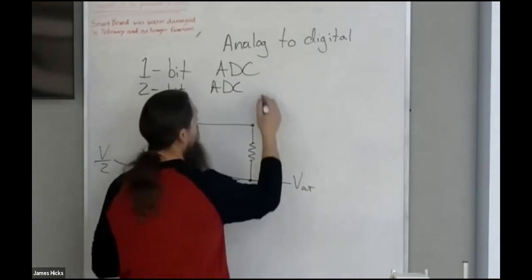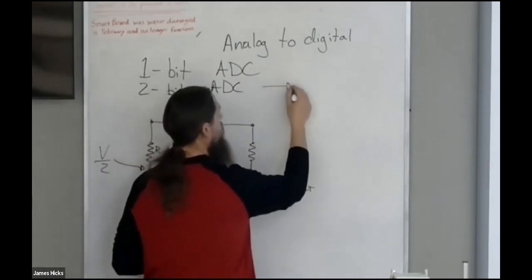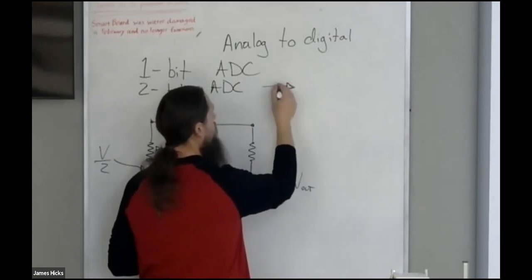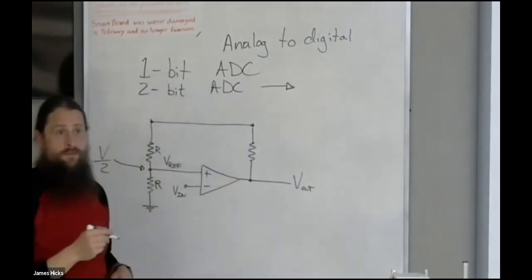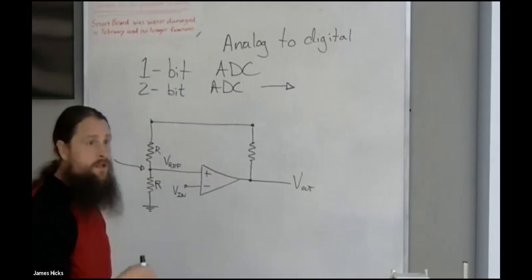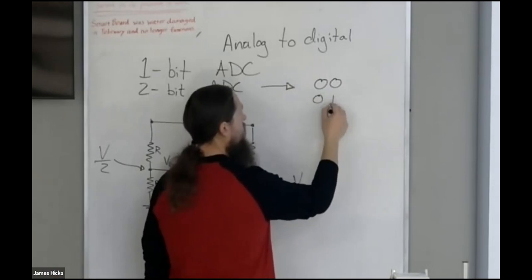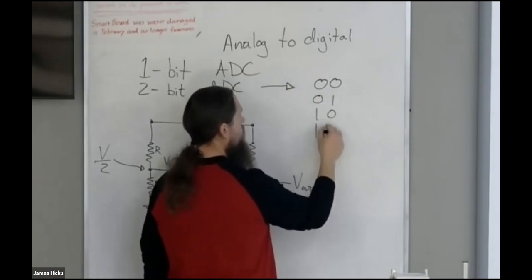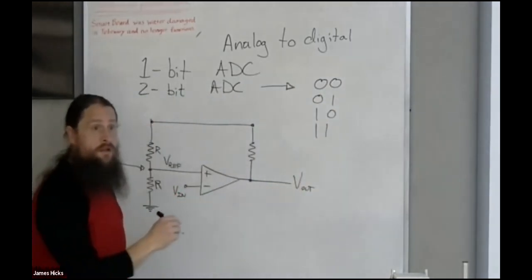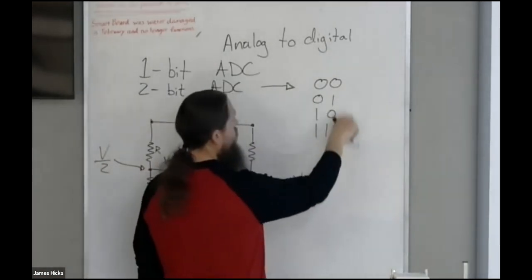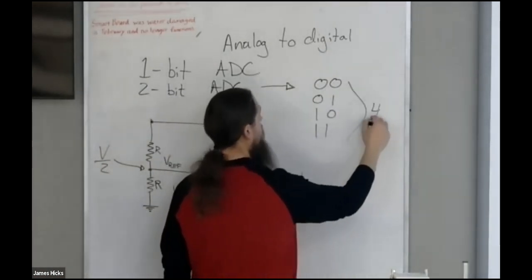How many possible values is that going to have? 2 bits. Yeah, 0 0, 0 1, 1 0, or 1 1. So you have 4 possible states.